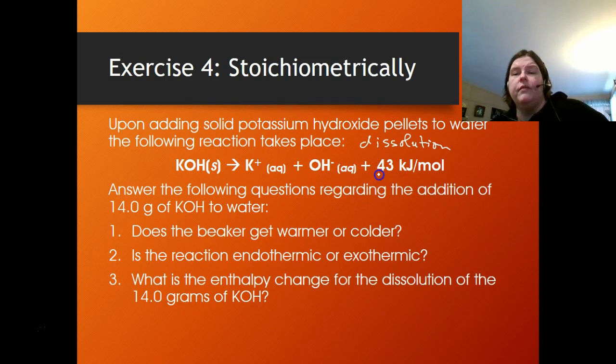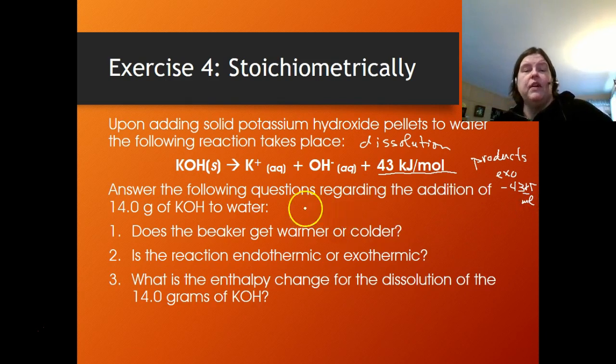And look over here, 43 kilojoules per mole of energy. Notice where that is. It is on the product side. And we learned just a little while ago that if it's on the product side, that means the reaction is exothermic, which means that's a negative change in energy. Okay, that's going to be really important for us later on as we define things.